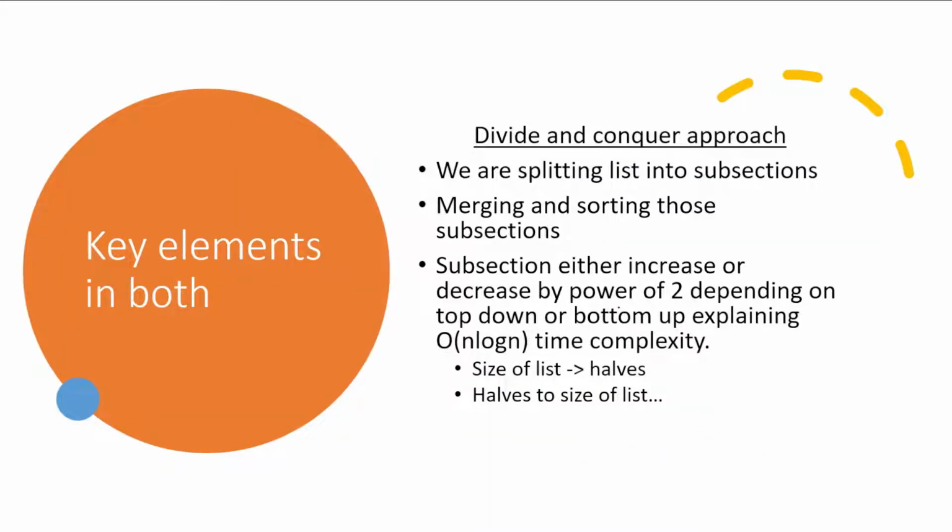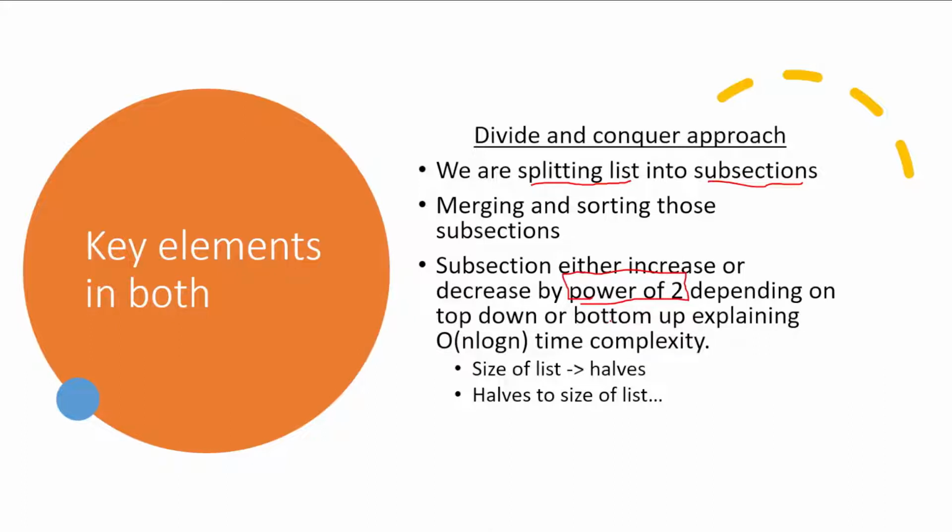Again, looking at both the top-down and bottom-up approach, we have to really hammer down this divide and conquer approach to both approaches. So it's very important to understand the splitting of the list into subsections to really understand how the bottom-up approach works. Then we merge and sort those subsections, and every time we either increase or decrease those subsections, they're always by this power of 2.